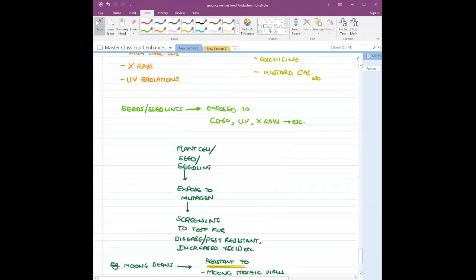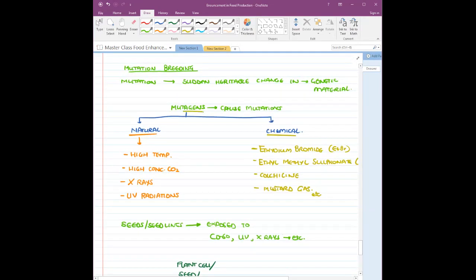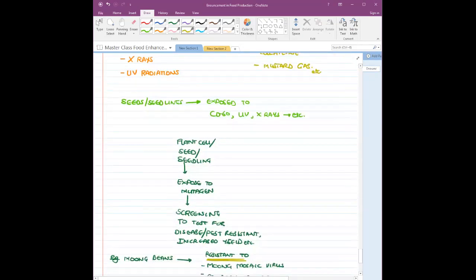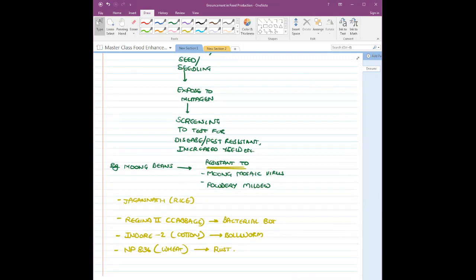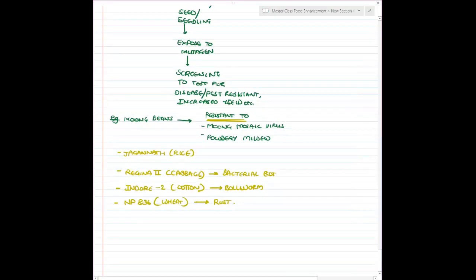Once again, for mutations, always remember we are going to incorporate mutagens. Now, guys, just have a look at this and see if anybody has any doubts. Jagannath is also resistant to rust.